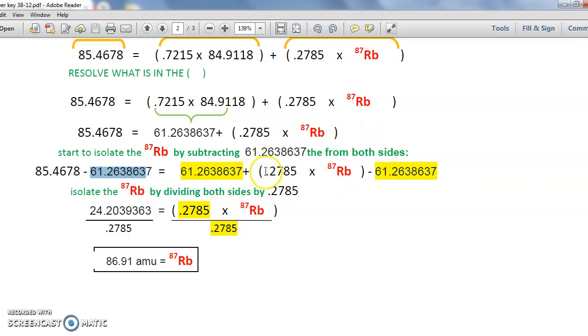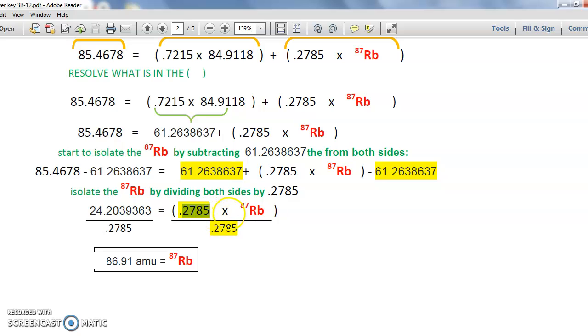So now what do we have? We have this thing right here. What's still in parentheses is right here on top. If I take 85.4678 minus 61.26, etc., we would get 24.2039363. So how do we get rid of the 0.2785?